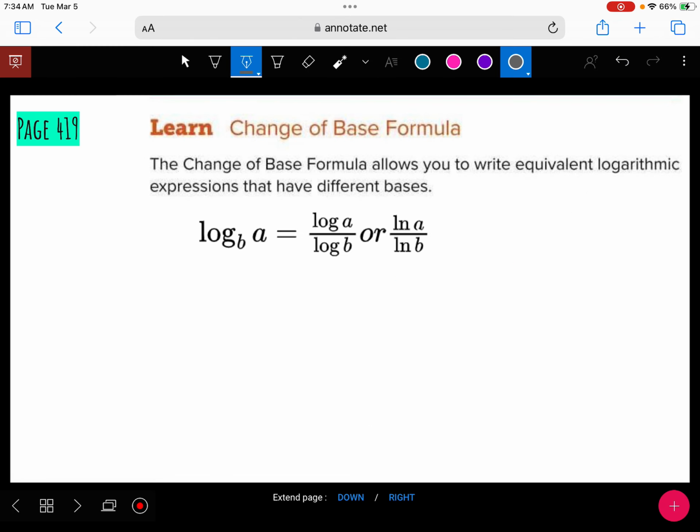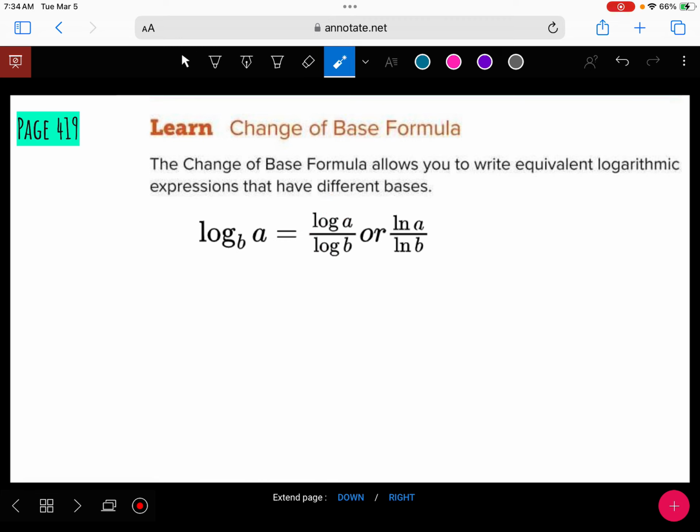All right. So the way this helps us is we have something called a change of base formula, where I can switch my log into any other base that I wanted, but we're going to use the common log or the natural log. So I can take a log of any base and make it be something that we can do with the buttons on our calculator.